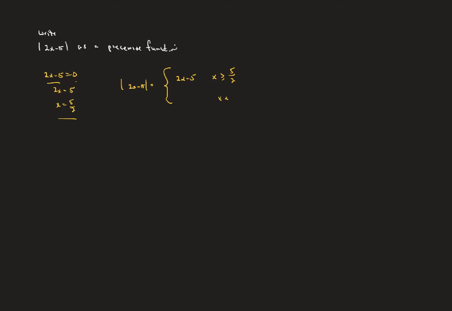But when x is less than 5/2, the result is going to be a negative value, and the absolute value is going to change the sign of that to positive by multiplying it by negative 1. And so that is going to become negative 2x plus 5 when x is less than 5/2. Okay, very good.